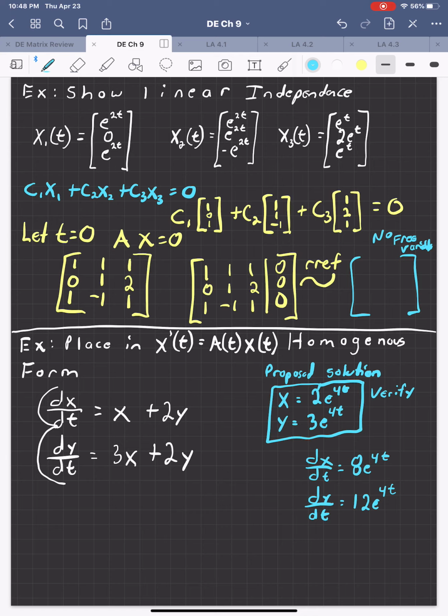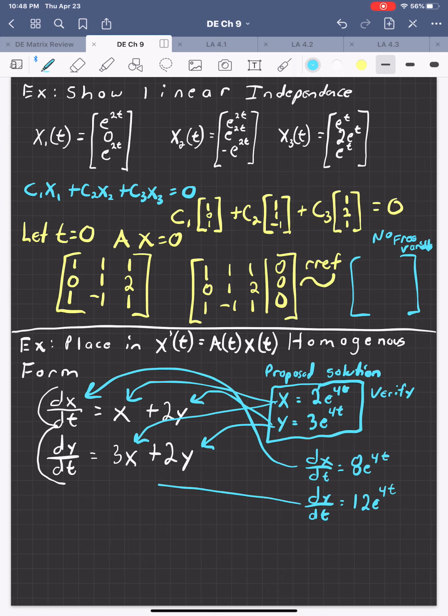Okay, so in this case, to show that this proposed solution works, we could plug in for x, plug in for y, and plug in for dx/dt and dy/dt.